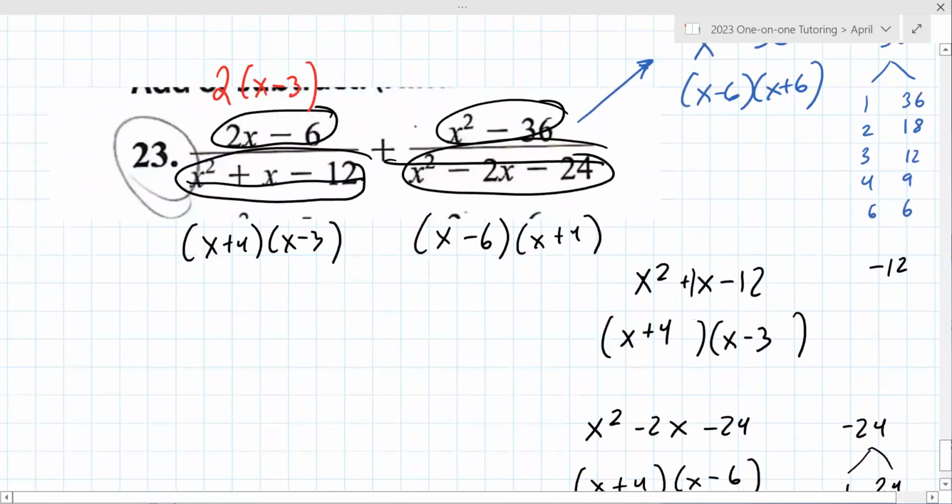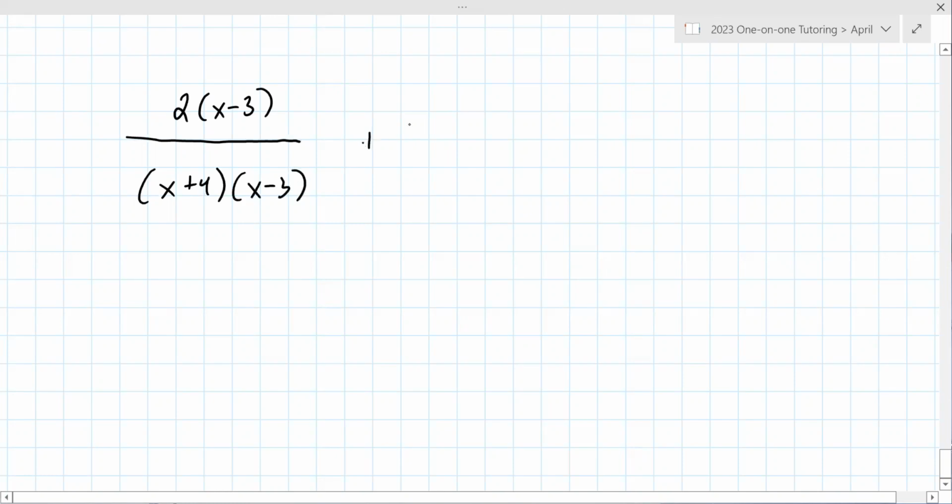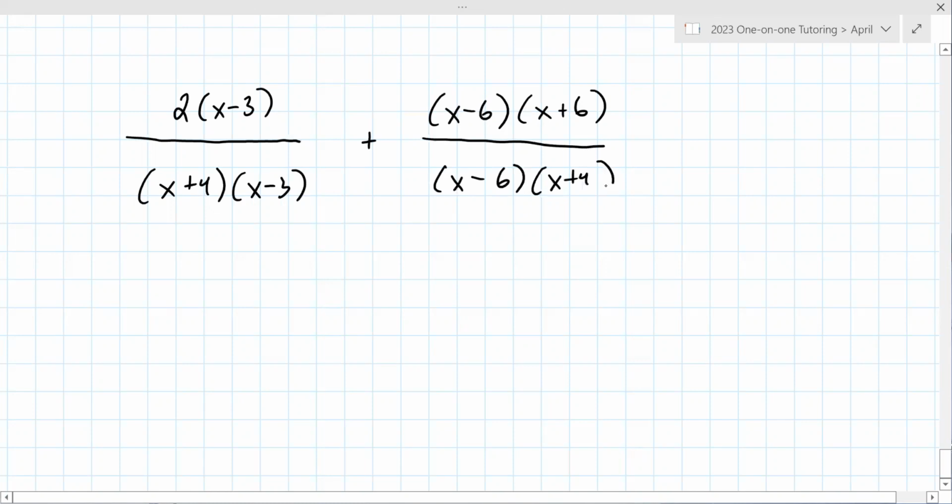So we're gonna take this original one here. We're gonna rewrite it and see what happens. So I'm just gonna clear the screen. It's 2 times x minus 3 over x plus 4, x minus 3, plus x minus 6, x plus 6 over, these are all the ones that you did, x minus 6, x plus 4.